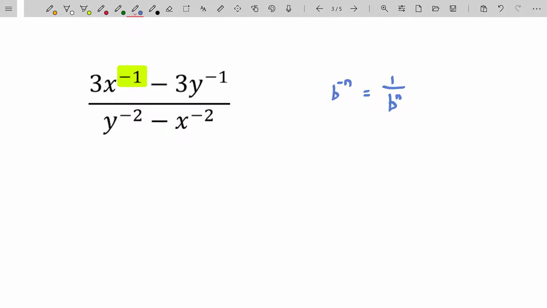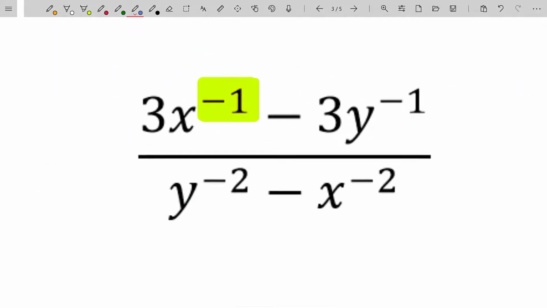Another thing I need to note is that a major mistake people who are kind of shaky with their algebra make is that they apply the negative exponent not only to what it's touching, which is that guy right there in this case, but also inappropriately to what it's not touching.